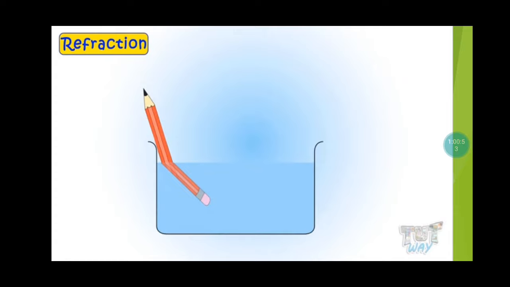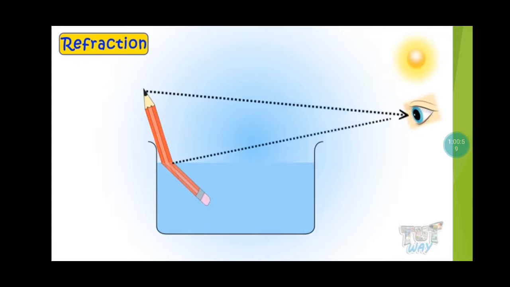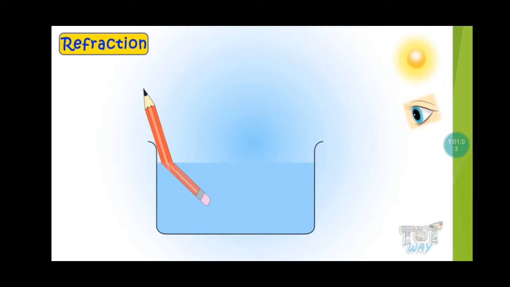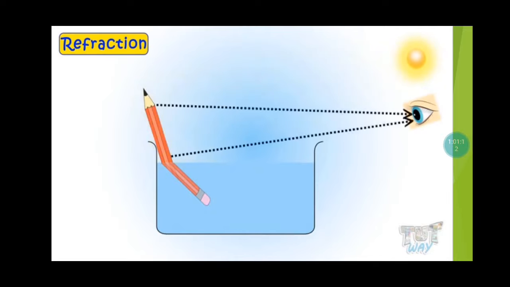Let's try to understand. We see everything because light falling on it gets reflected back to our eyes. But in the case of this pencil, the light falling on the half of the pencil which is not in the water is directly getting reflected back to our eyes without any bending.